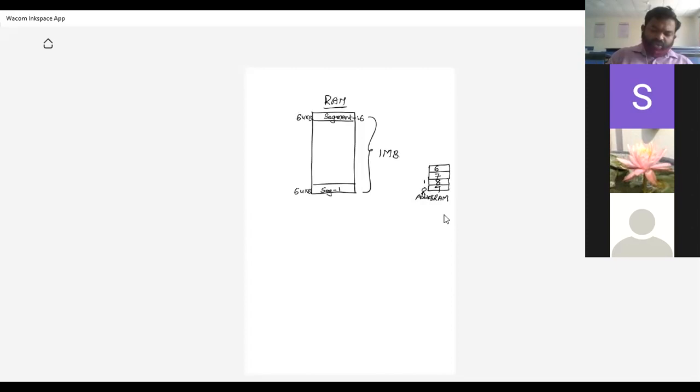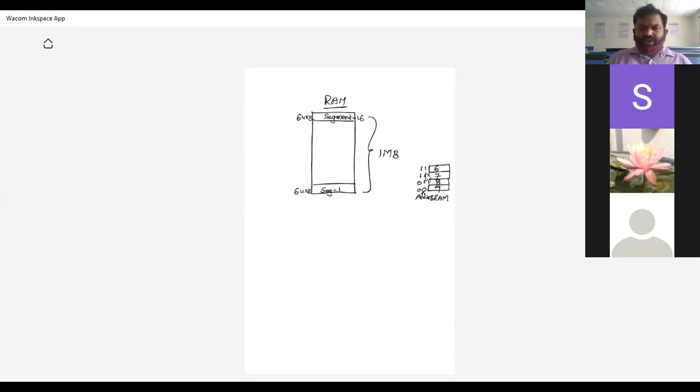So whenever 4 memory locations come, I need to take the binary combinations of 2 digits: 00, 01, 10, and 11. For example, if I want to call the 6 from the RAM, then I should use the address 11, right?